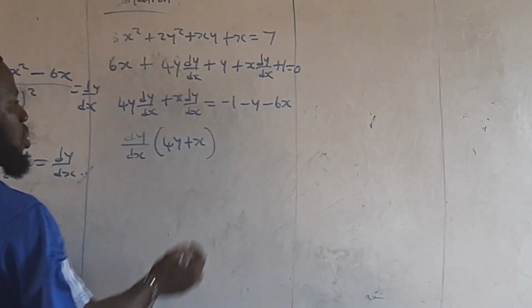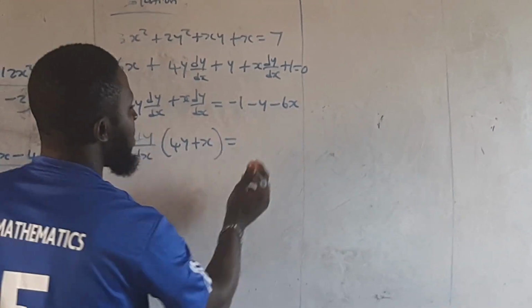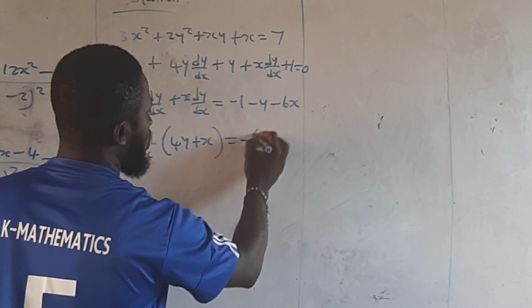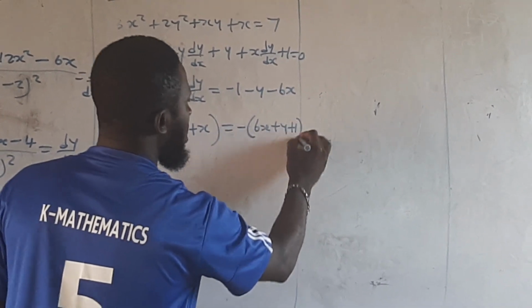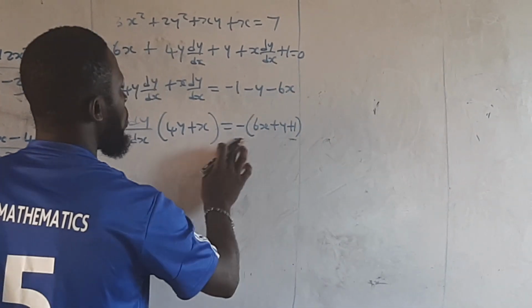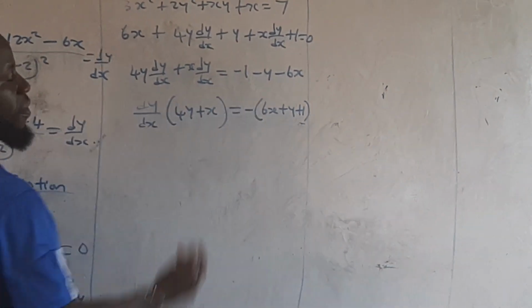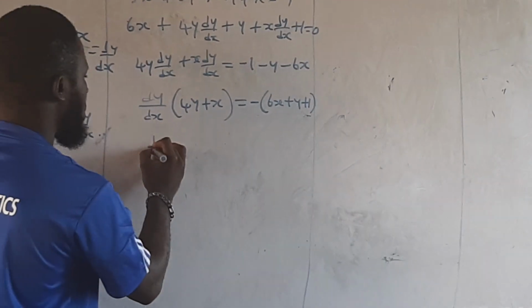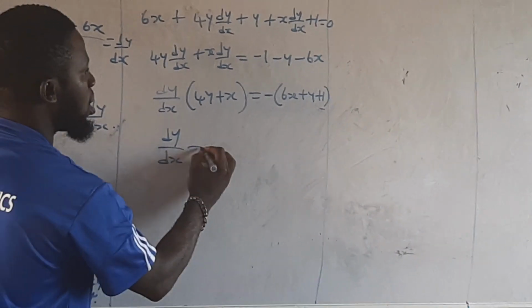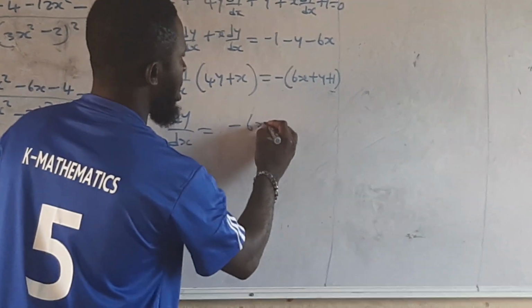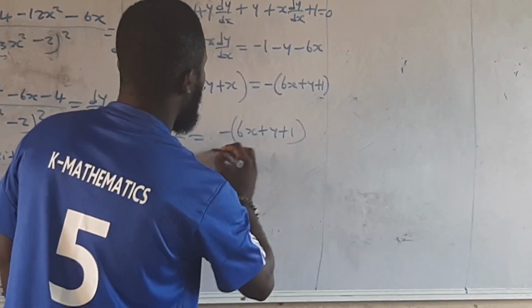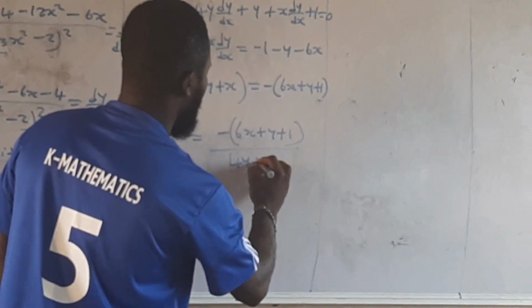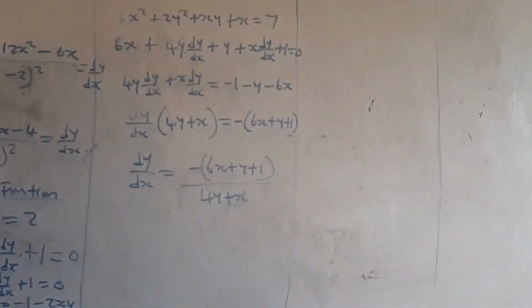This is factorization. Since minus is common, I can say minus into bracket 6x plus y plus 1. So we have it that way. Then we can divide both sides by this. That means dy/dx equals minus (6x plus y plus 1) all over 4y plus x. So this is going to be our dy/dx.